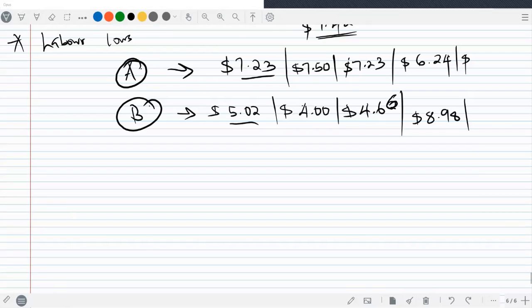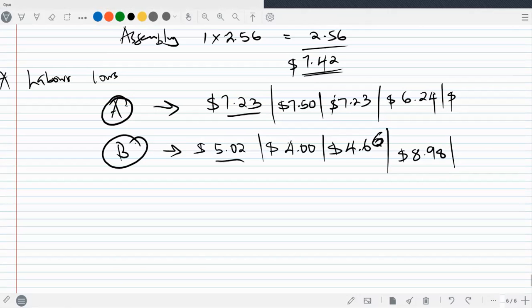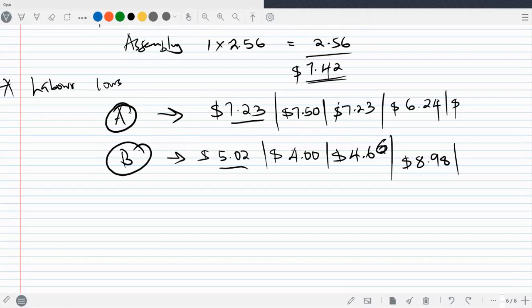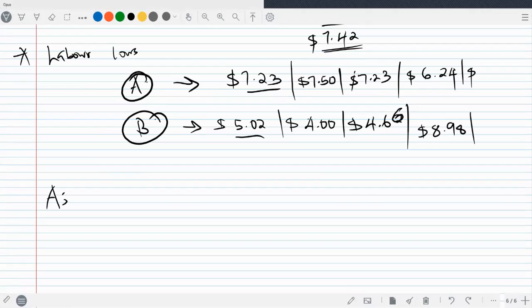Okay, so in this case, you're meant to use the labor hours as the basis of the cost absorption. So let's begin with A. Then we compare what the answers are given up there. Begin through the preparation department. The number of labor hours that A takes, go through the question again. Product A, the labor hours it takes is 2.5.